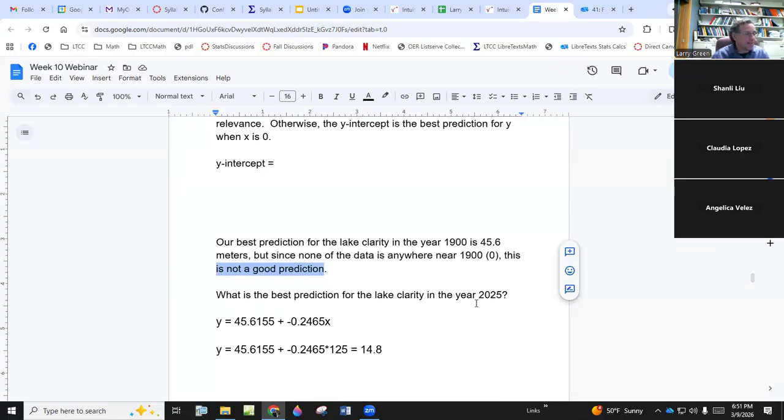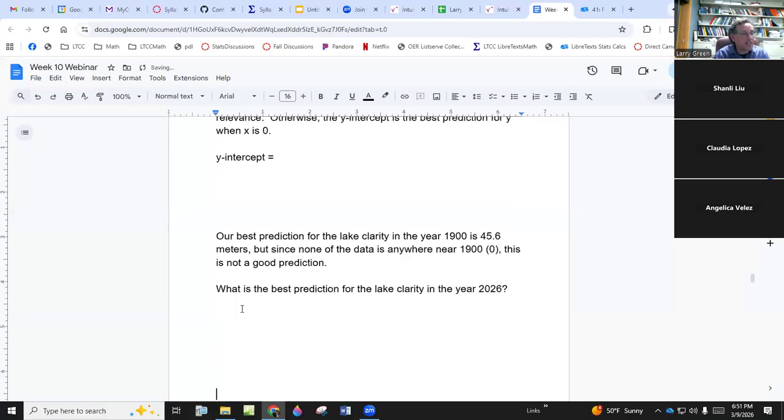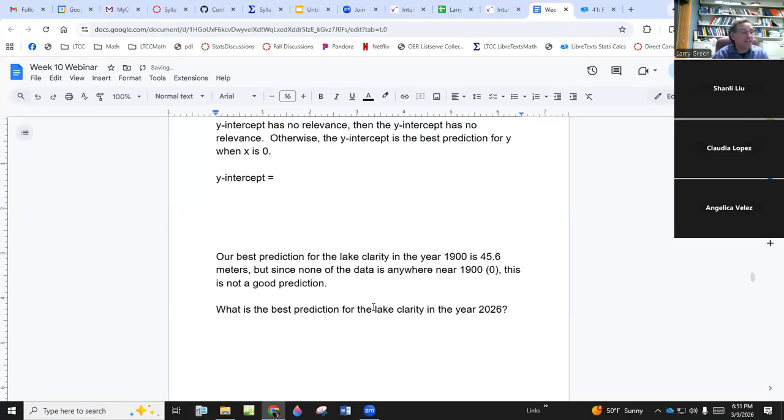All right, let's do a different example than this one. What is the best prediction for lake clarity in the year 2026? So this year, we're in 2026. Hopefully you know that. And we've got to figure out what the best prediction is.